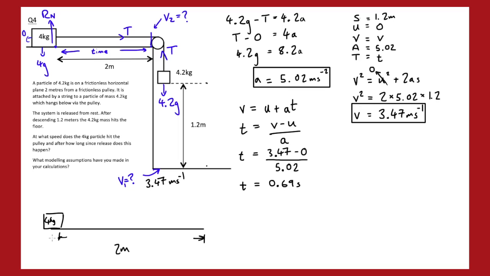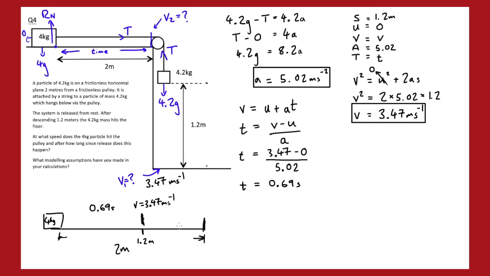So for the first 1.2 meters, which is about here, the particle accelerates, and it's going to take 0.69 seconds to get there, because that's the same time as this particle took to reach the floor. So this is where this inextensible idea comes in. This top particle's got to move the same distance as this bottom particle and at the same speed. So it's going to take 0.69 seconds, and when it reaches this point here, its velocity is 3.47.